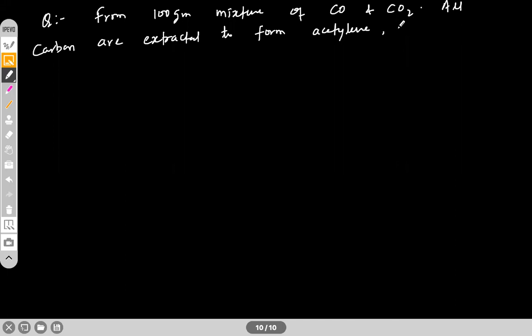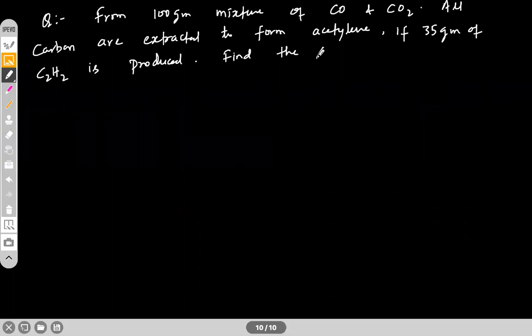What is the formula of acetylene? If 35 gram of acetylene, C2H2, is produced, find the percentage composition of the mixture. Try this one.